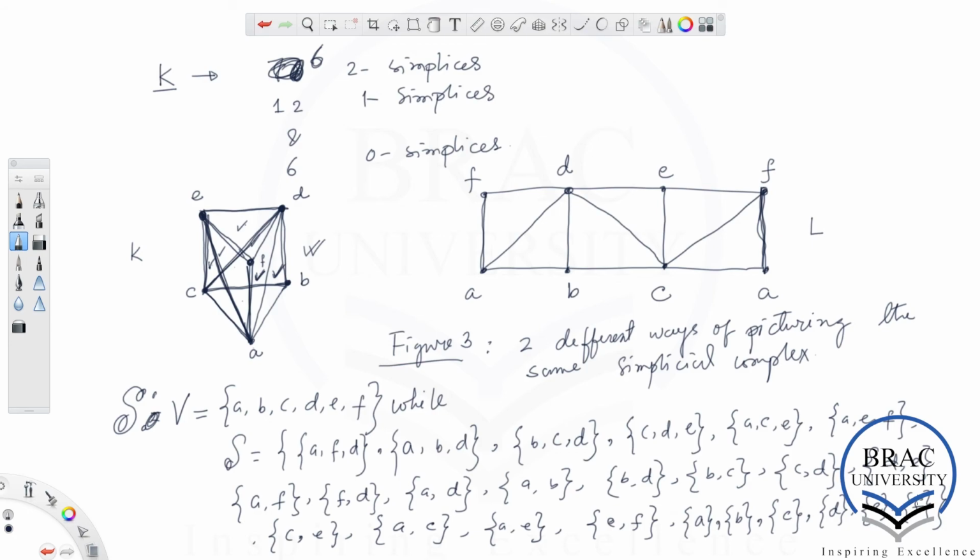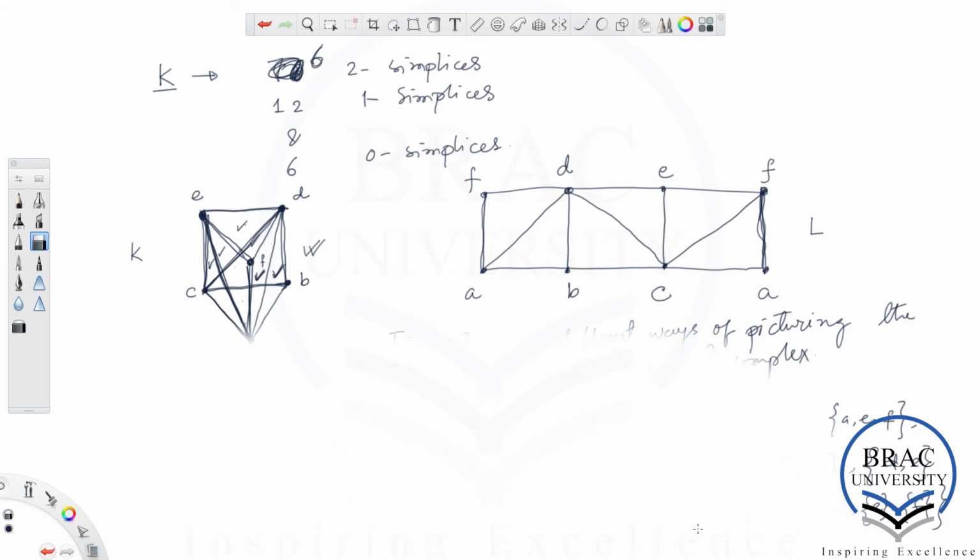Okay, together they form this abstract simplicial complex S. So I need a bit of room, so let me erase this part.